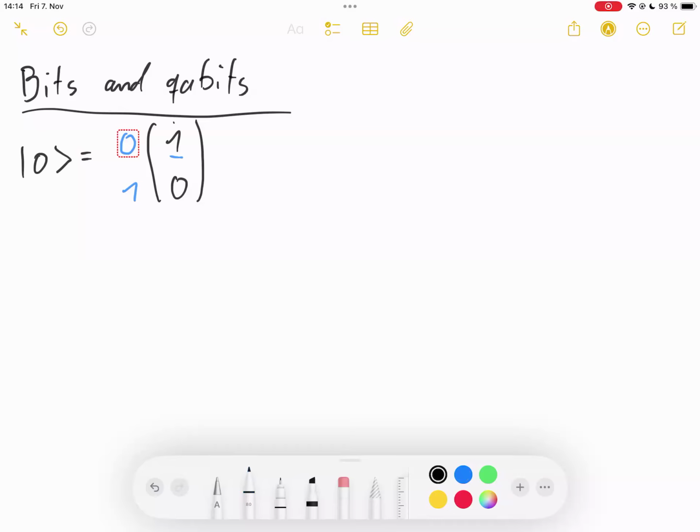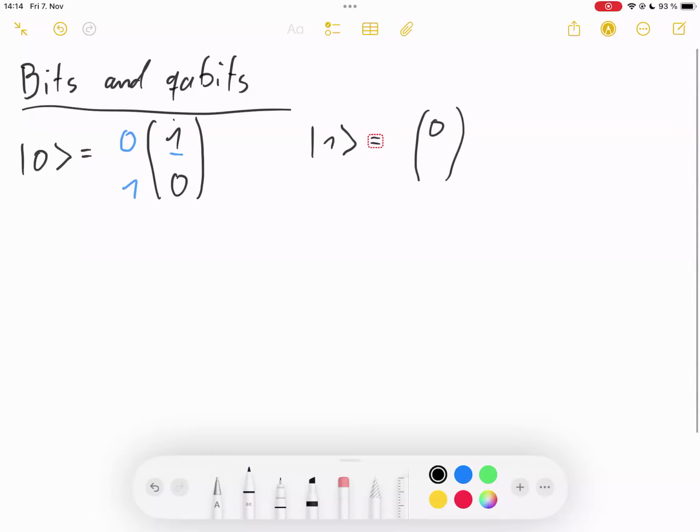And like this, I can also define, and in blue, it's only a comment. It only shows you what it means, but it's not an entry of the vector. And as we have a 0 ket, we can have a 1 ket, with a 0 and 1. And again, the meaning here is the same. So we have a 1 for the entry that represents a 1.